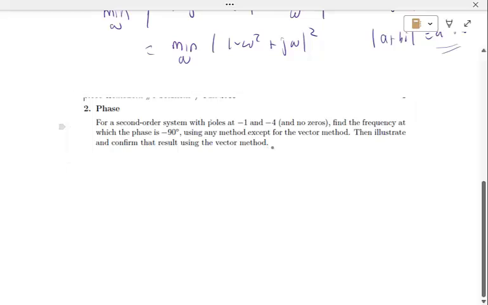When you have poles at -1 and -4, that means that the Laplace transform is going to look like something like a over s plus 1 plus b over s plus 4. And you can combine that, that's going to be equal to some constant c over s plus 1 times s plus 4.